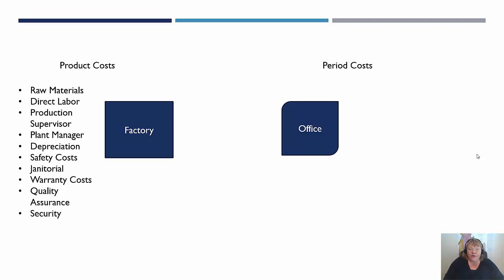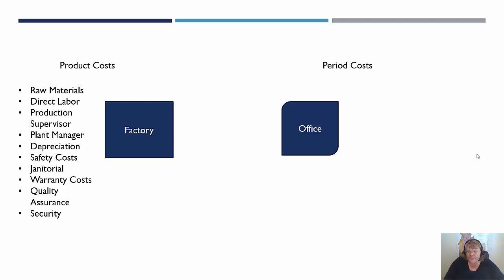Now we can further break these down into direct costs and indirect costs, right? Indirect cost would be anything that's not direct. Direct costs are raw materials, direct labor. Those are your direct costs. Everything else on that list is manufacturing overhead or indirect costs.